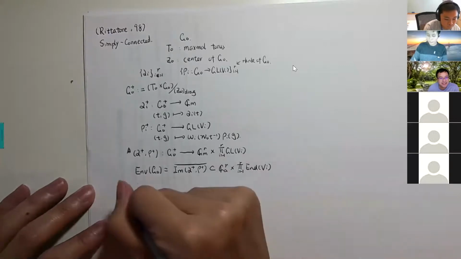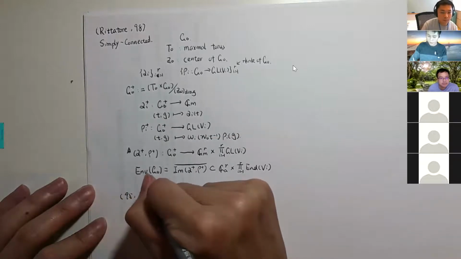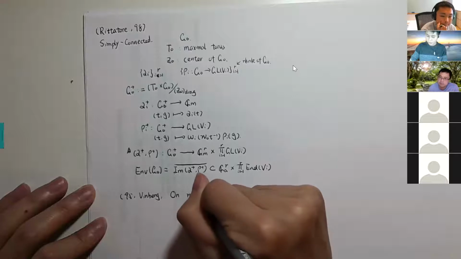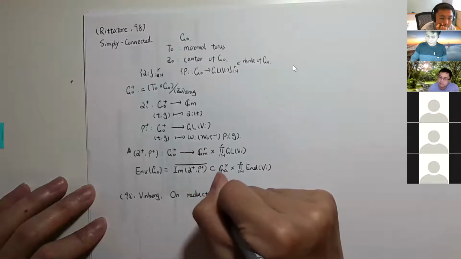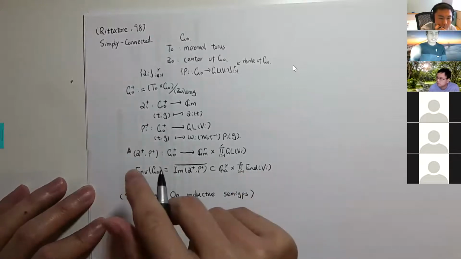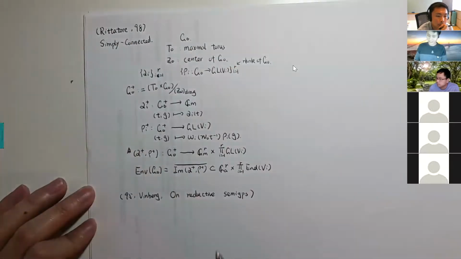Okay. So first, for the reference of Windbreak monoid, it is just Windbreak's paper on reductive semigroups, and actually I cannot remember this reference clearly.